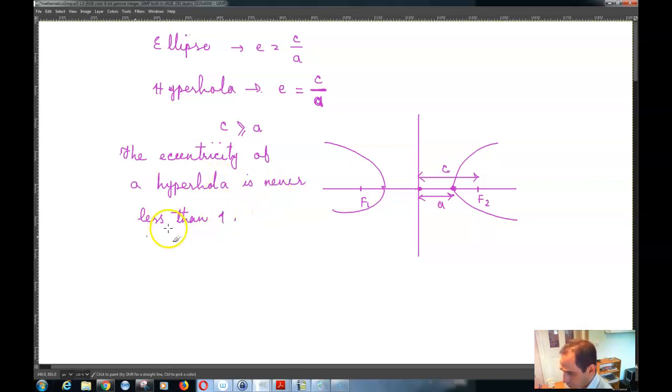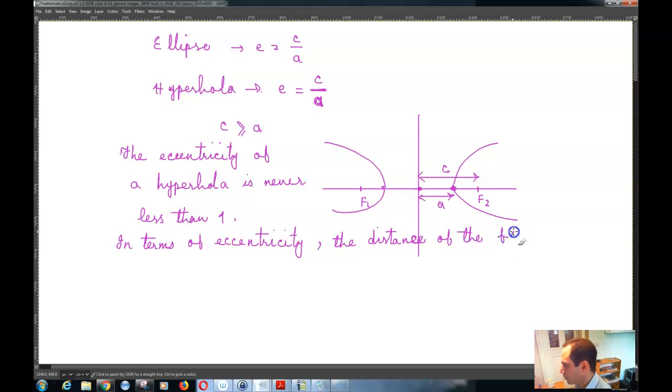And of course, in terms of eccentricity, the distance of the foci from the center is basically, we said that the eccentricity is equal to c divided by a.